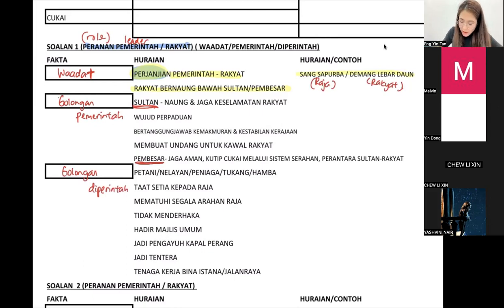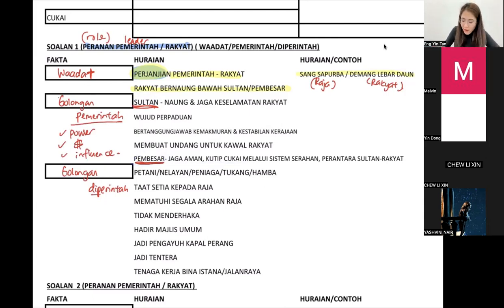So you know how I memorize? Just remember, pemerintah is leader. Those that have power, money, and able to influence people. So look at here, the king, right? Power, money, they're the leaders. Kutip cukai what? That's why they got money. Influencing, power, position.